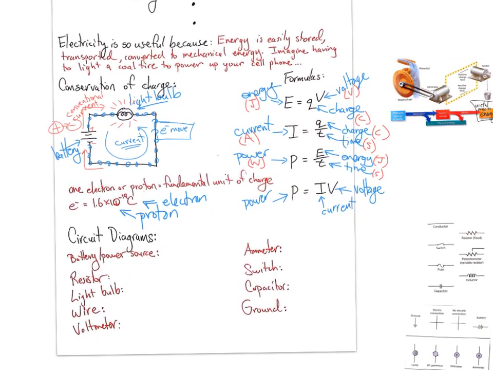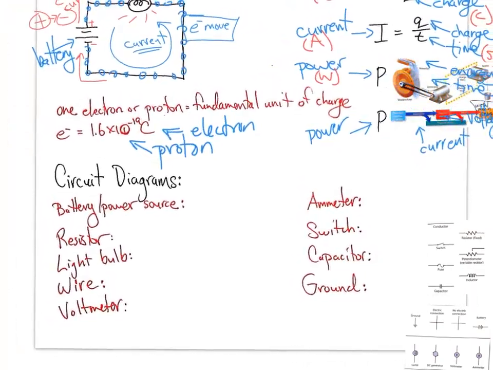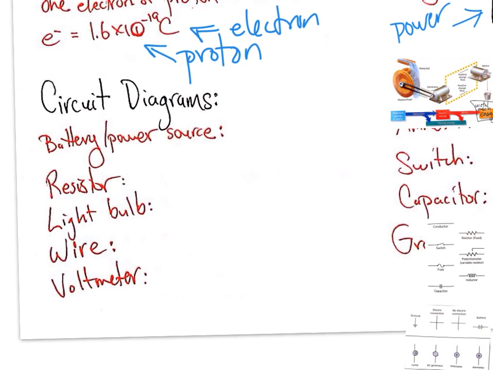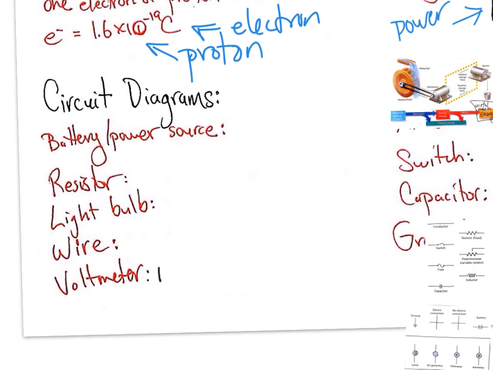Now circuit diagrams, well, lots of information here. So circuit diagrams, just write in what these each are, and I'm going to show you over here. So power source or battery, resistor, light bulb, wire, voltmeter, ammeter. So voltmeter, I'll write this in here, measures, yeah, you guessed it, measures volts.